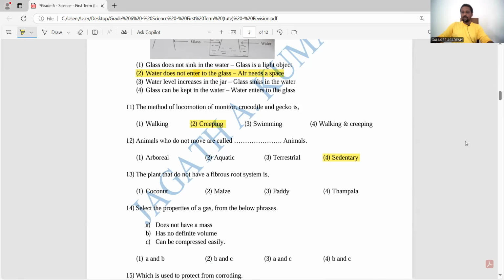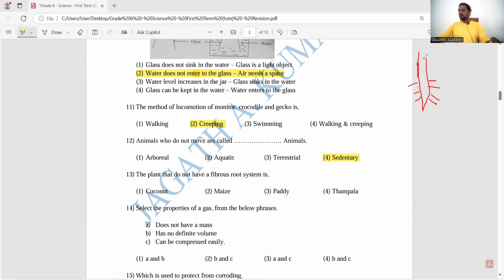Right. Next, let's discuss the 13th question. 13th question, given the plant that does not have a fibrous root system. The plant root system we can divide into two types. What are the two types? Some plants you can see like this taproot. No, we call this root system the taproot system.